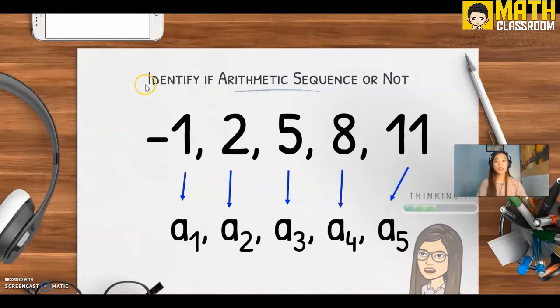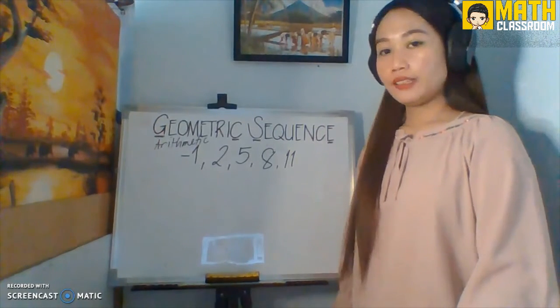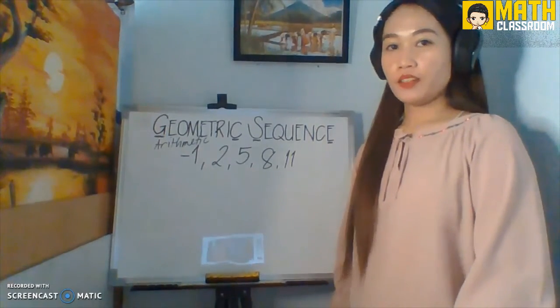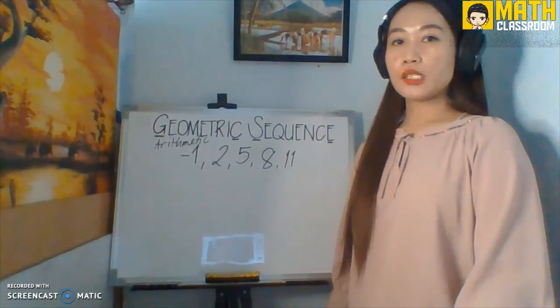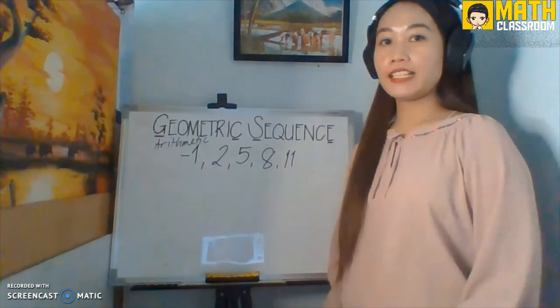So again, the question is, identify if the sequence is an arithmetic sequence or not. So again, how do we identify it? Of course, using the formula d equals a sub 2, or any term, subtracted by its previous term. Okay, so let's do that. Let us find the common difference for the sequence negative 1, 2, 5, 8, and 11.